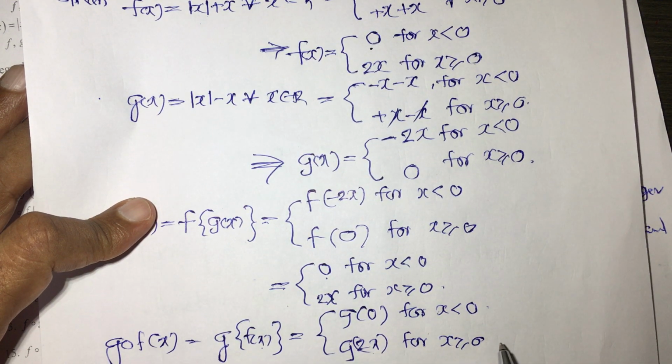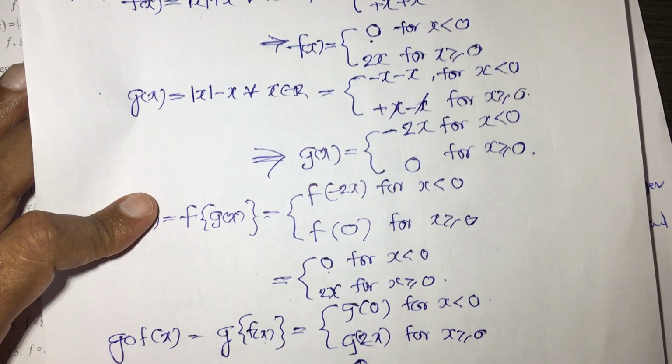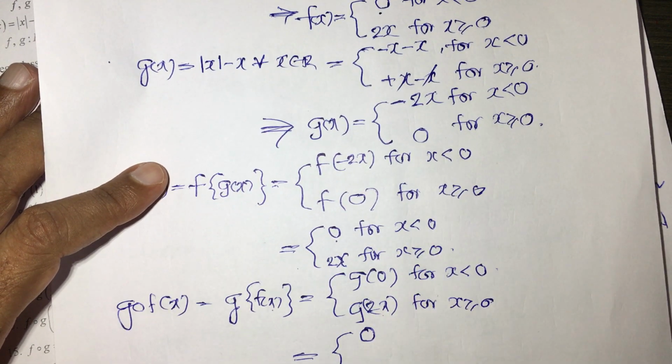And g of 2x for x greater than or equal to 0 is 0 here.